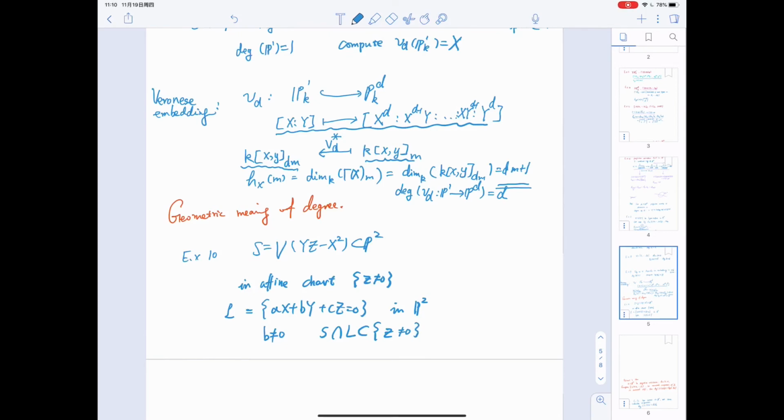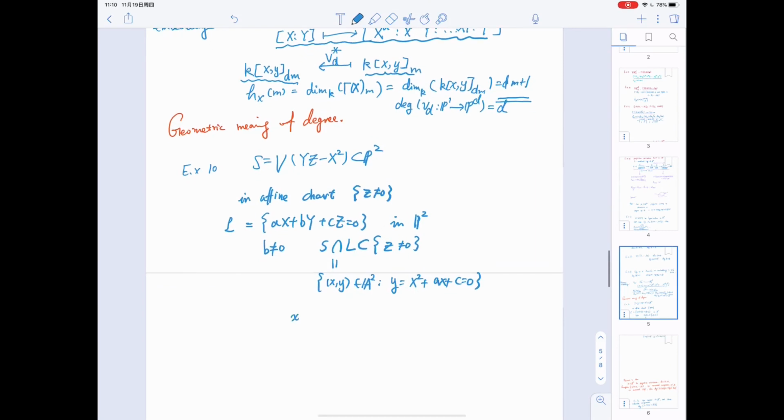And moreover, we can write explicitly where the little x is this, and little y equals this, and these are the usual coordinates on the affine plane A2.